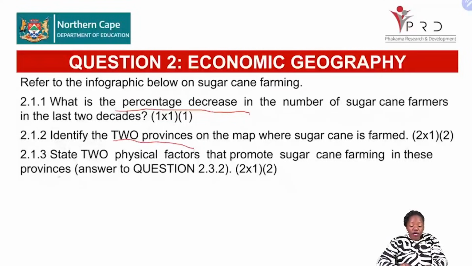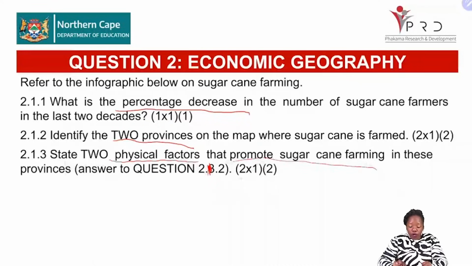Then number 3, you state 2 physical factors. Remember again, it is important to take note what factor you're supposed to answer based on. So you state 2 physical factors that promote sugarcane farming in these provinces that you have identified in question 2.1.2.